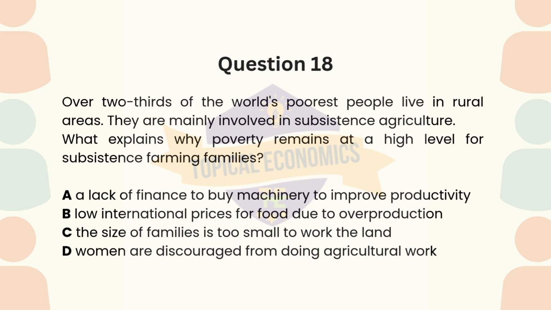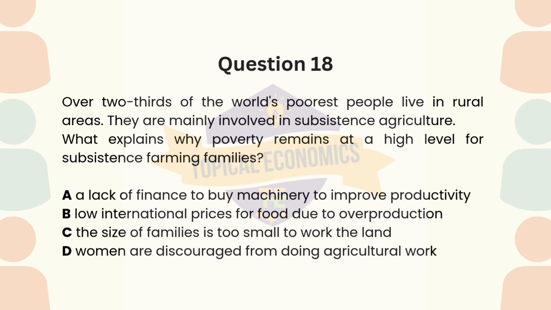Option B, low international prices for food due to overproduction. So subsistence farmers usually grow for personal consumption, so international prices have limited impact on the poverty level. So this is incorrect option for this question. Option C, the size of families is too small to work the land. Now generally larger families are more common in subsistence farming.